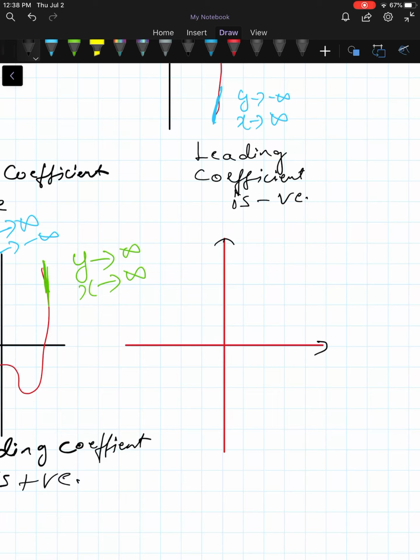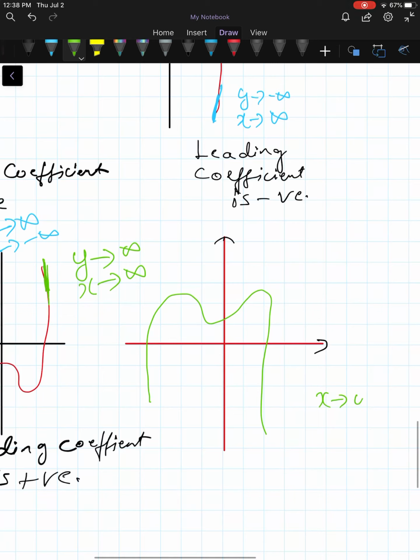Okay, and the second case, if you have a graph like this, that is the reverse of the other graph, here you can see both the end parts of the function are in the third and fourth quadrant, and that implies that as x tends to positive infinity, y is negative, and as x tends to negative infinity, y is negative again.